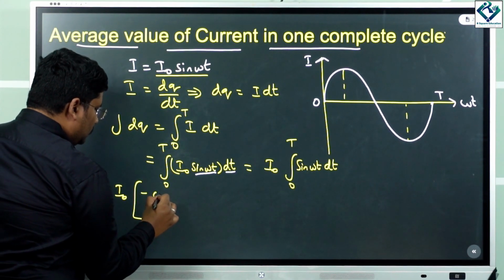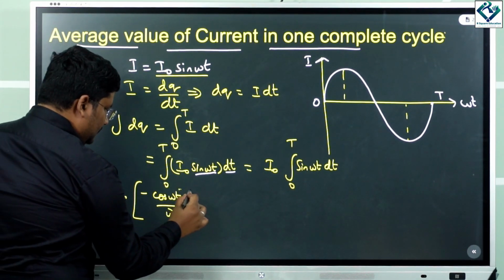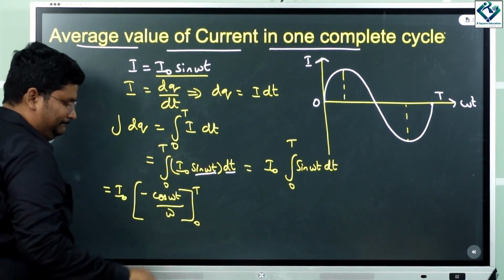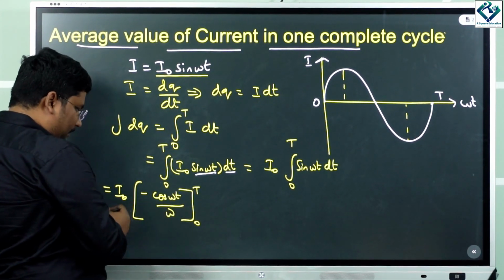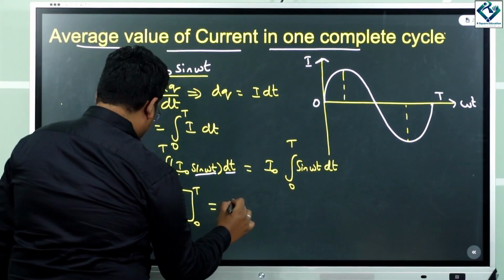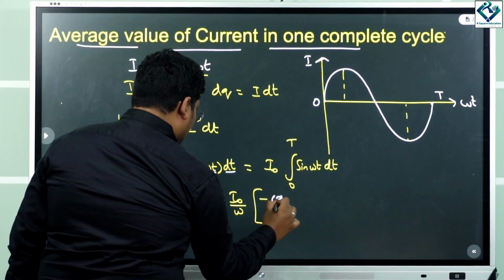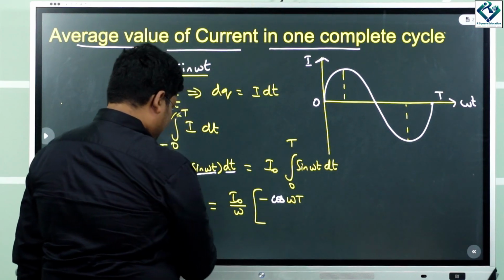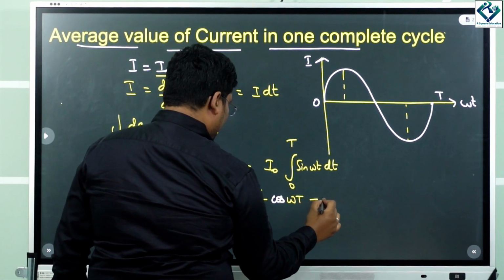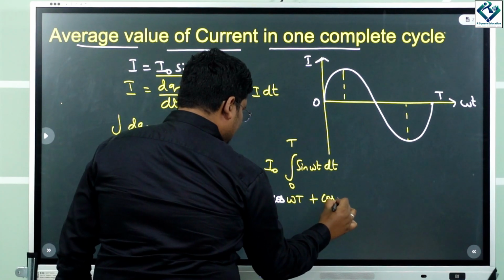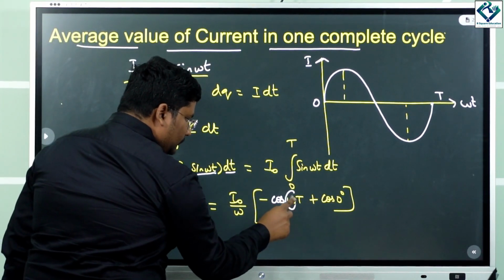Minus cos omega t divided by omega, from 0 to T. Can I substitute the limits now? I can take this omega out. So what will I get? I naught by omega times minus cos omega t, upper limit minus lower limit. Minus of minus plus, so cos 0.